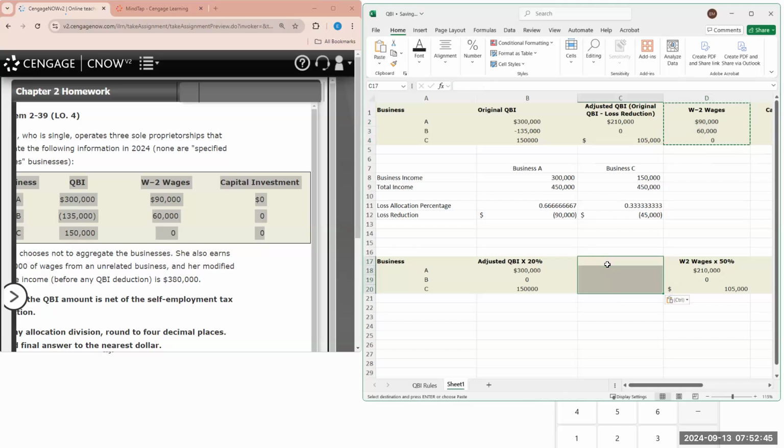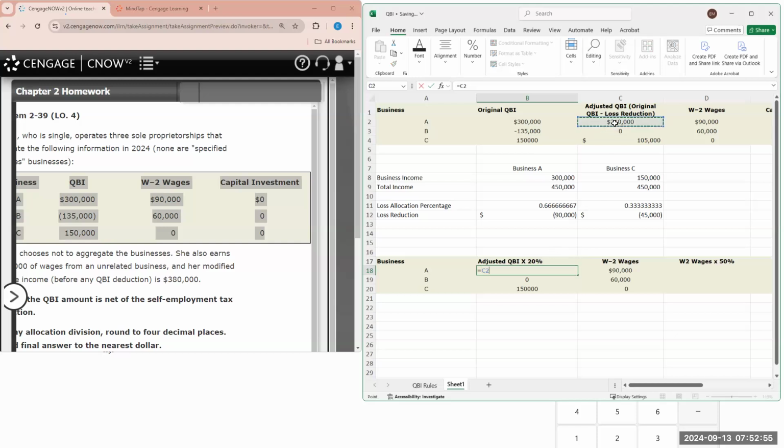All right, so just trying to fix this up as we go along. All right, so the adjusted QBI, as we calculated up above, is 210,000. We multiply it by 20%, that gives us 42,000. For B, the adjusted QBI is 0. For C, the adjusted QBI is 105,000 multiplied by 20%, and that gives us 21,000.